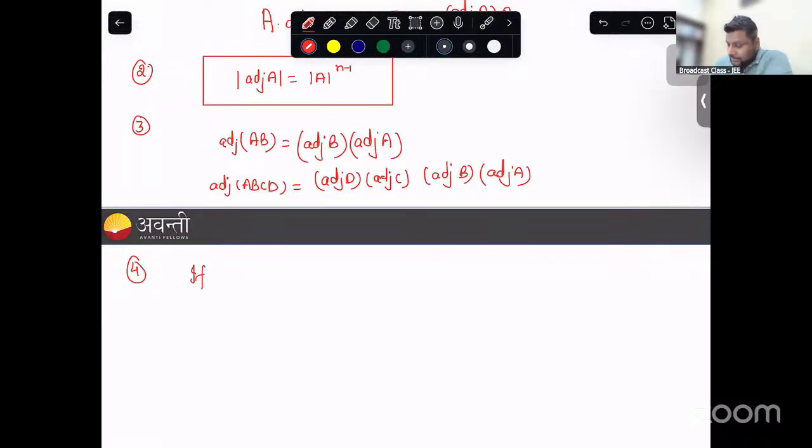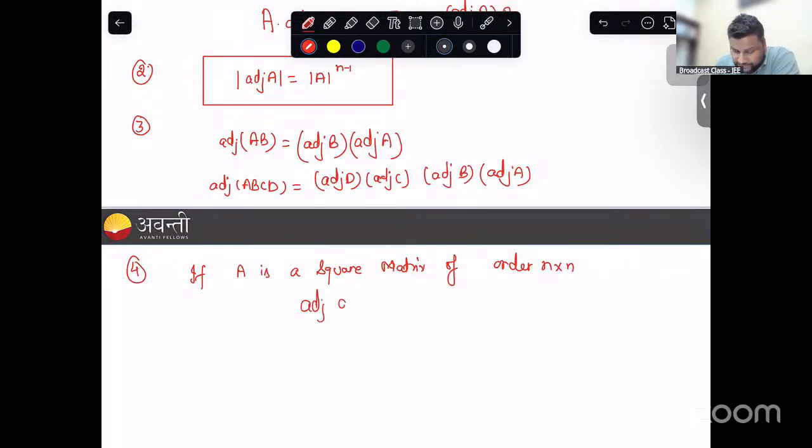If A is a square matrix of order n cross n, then adjoint of adjoint of A is determinant of A to the power n minus 2 into A.